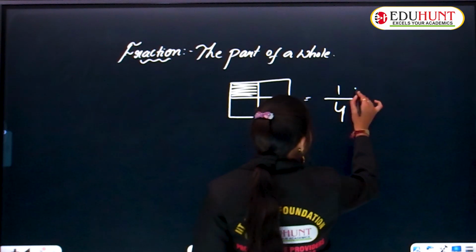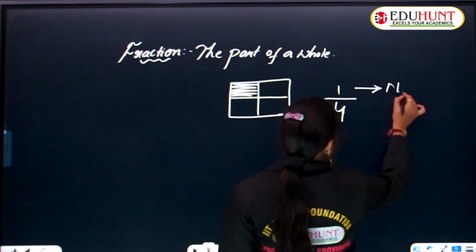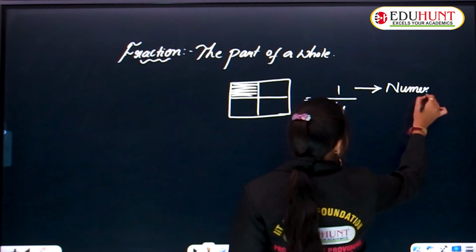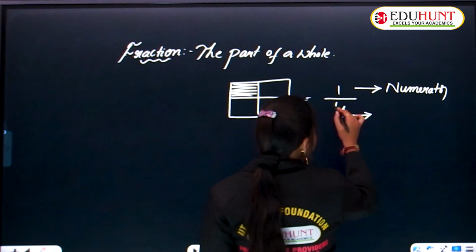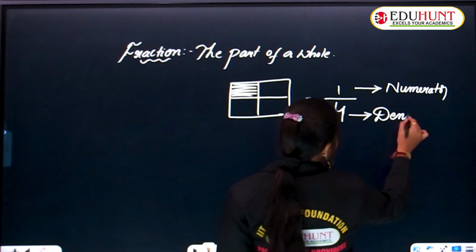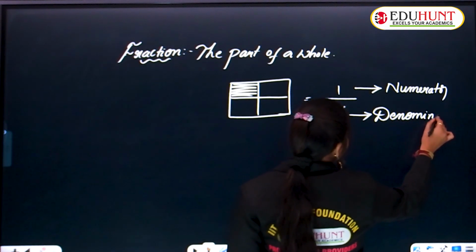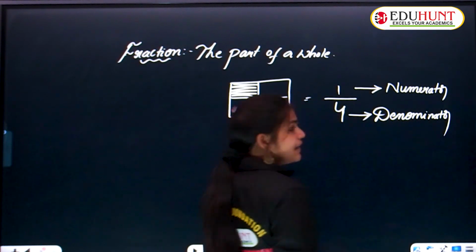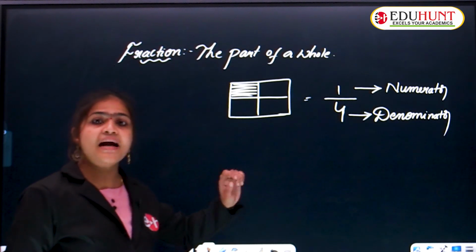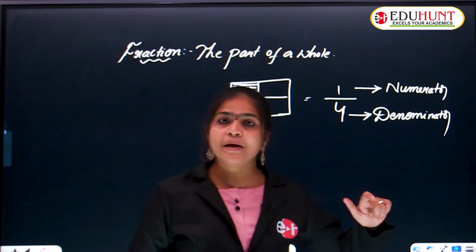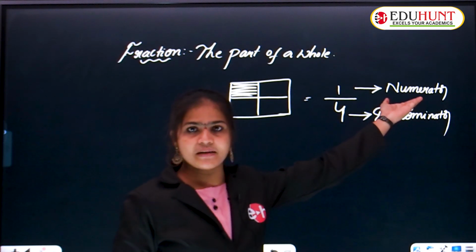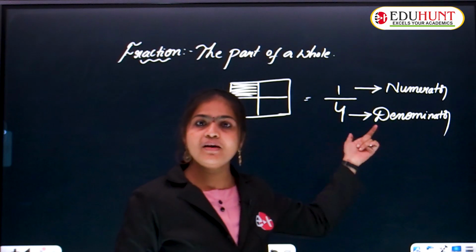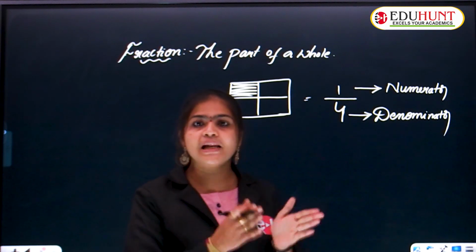In 1 by 4, this place represents the numerator, and the 4 in this place represents the denominator. The numerator means how many parts we have taken or chosen. The denominator always represents the total parts.